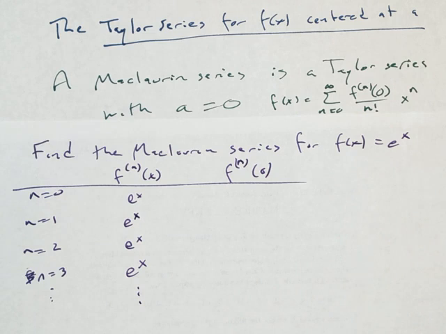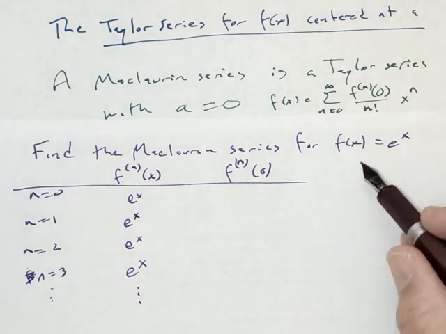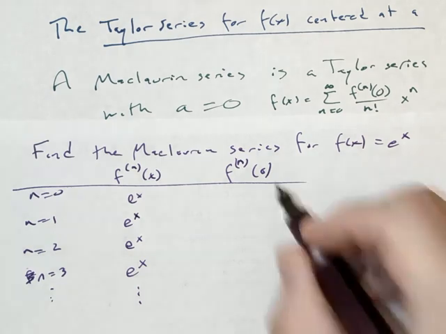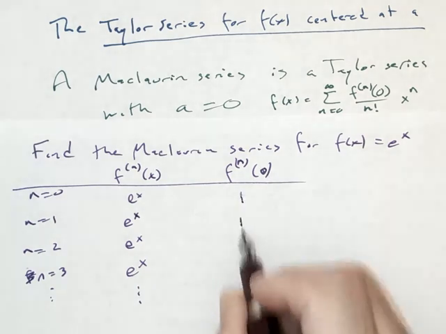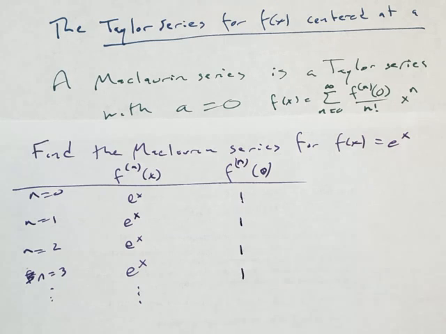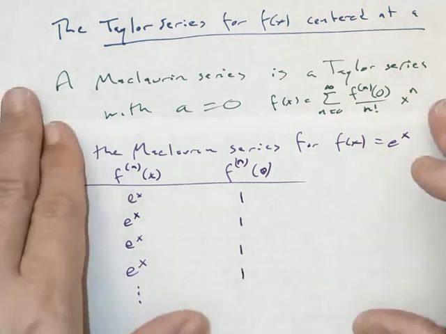What happens when we plug in 0? Because this is a Maclaurin series, I plug in 0. What's e to the 0? 1, every time. No matter what derivative I took, every derivative's value is 1.